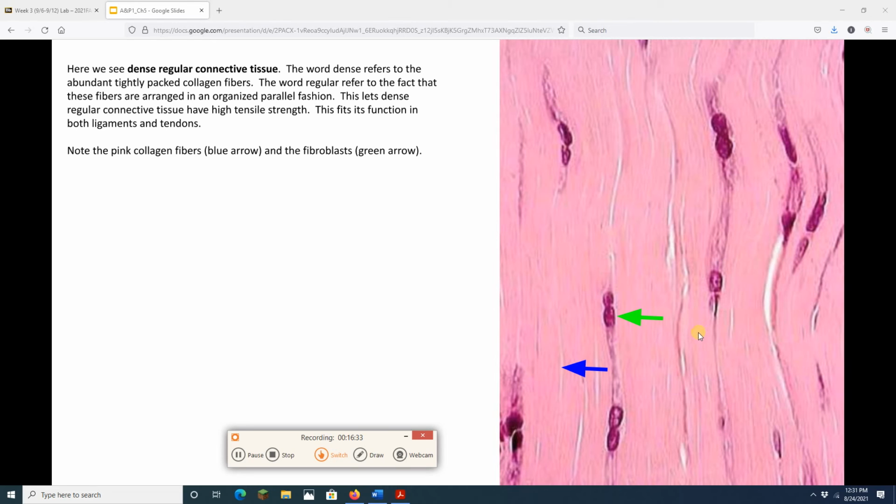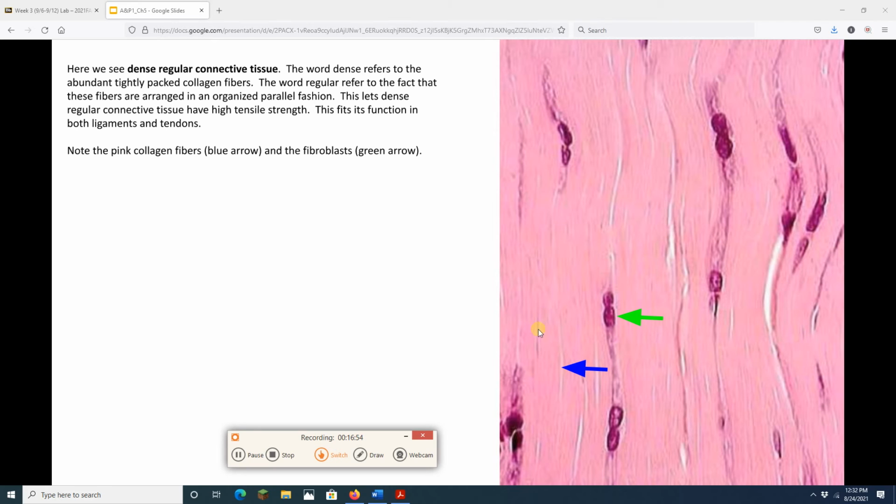And then, look at all of the pinkish vertical lines. If we think back a moment ago to areolar connective tissue, what fiber was colored pink? It was collagen. So there is a ton of collagen in dense regular connective tissue.